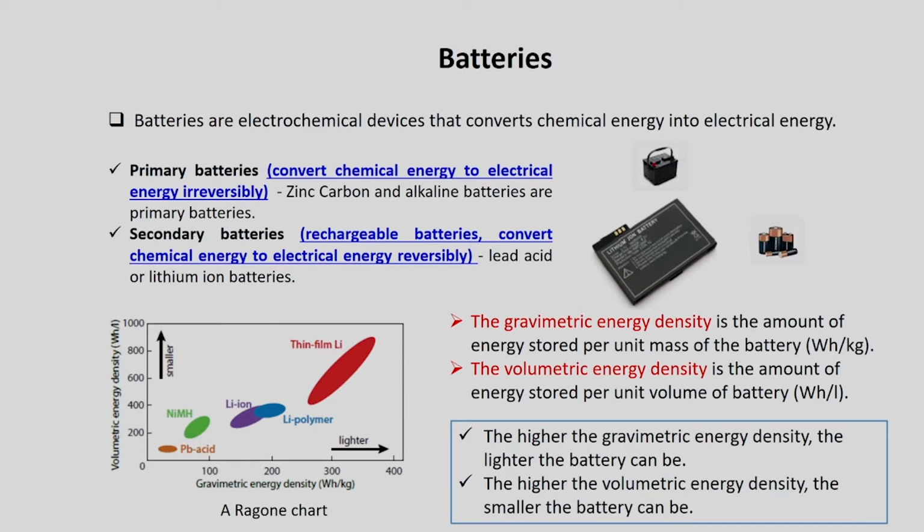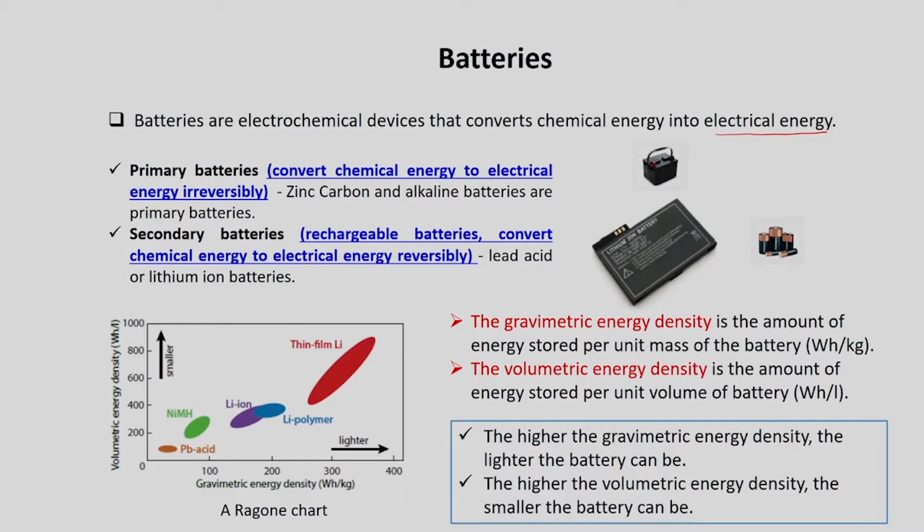So let us first study the batteries. Batteries are electrochemical devices that convert chemical energy into electrical energy. There are two kinds of batteries normally used: primary batteries and secondary batteries. Primary batteries convert chemical energy to electrical energy irreversibly.